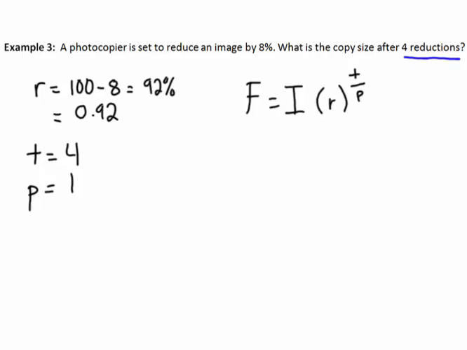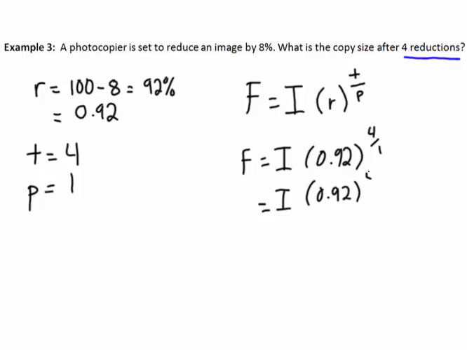So we've pushed this button 4 times, and the period is 1. So let's put that information in. F is going to equal I times 0.92 to the 4 over 1. Well, we can go one step further, and we can say it's I times 0.92 to the 4.